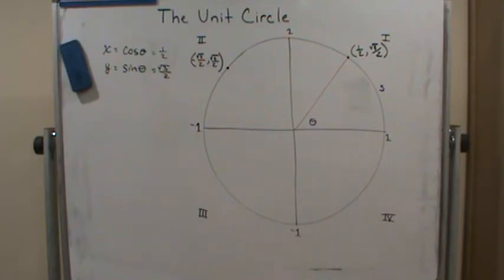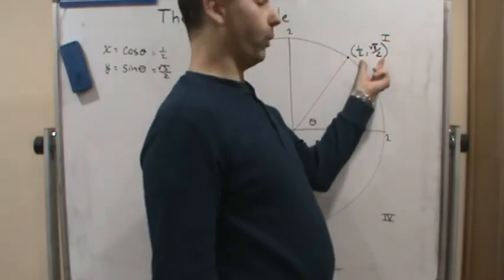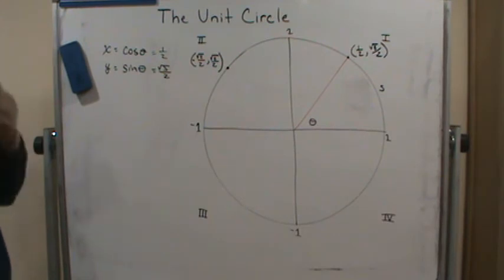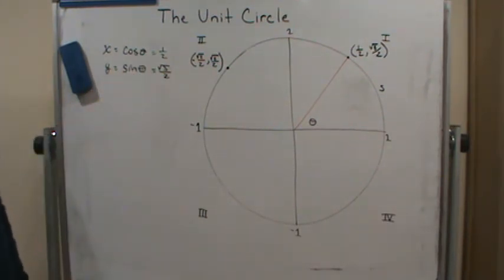That's it, right? We're done. That's all they want us to do. They want us to find cosine theta and sine theta. All we're doing is just using the fact that, the way x and y are defined, it's that easy.